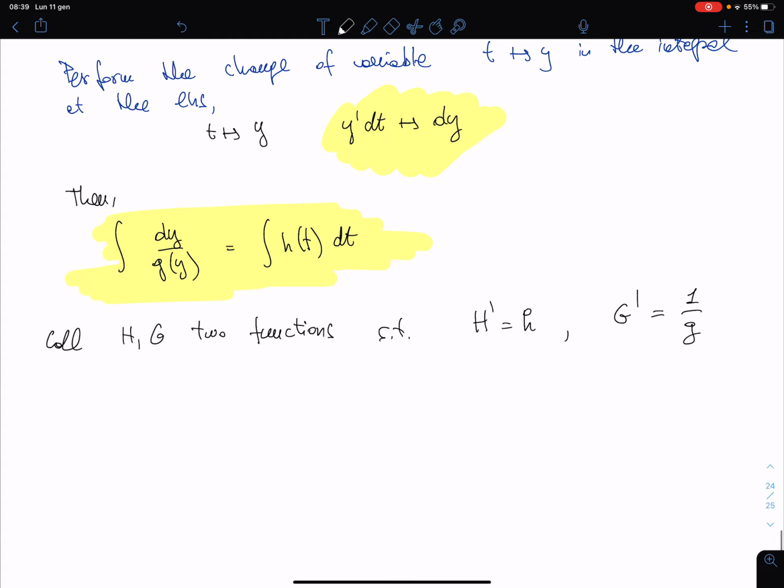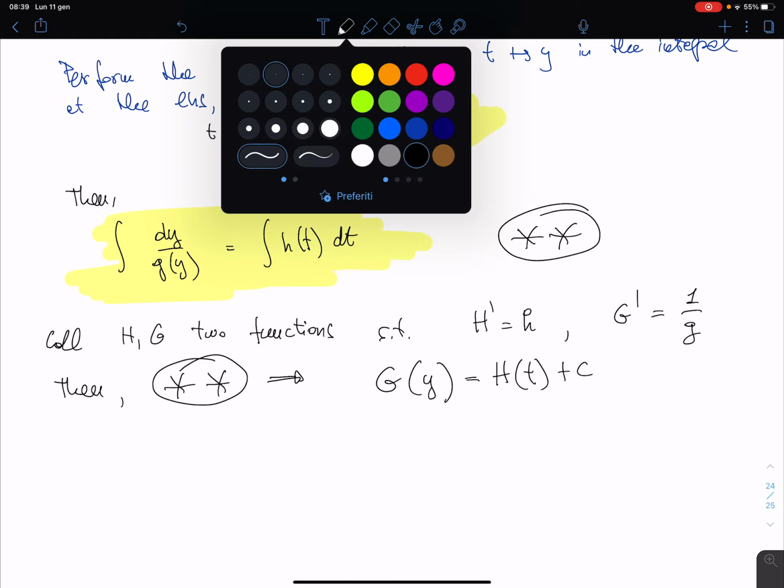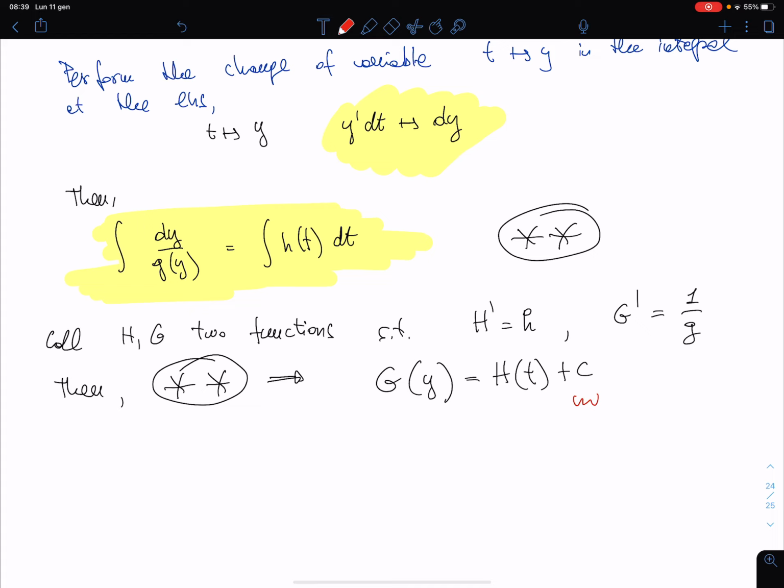And then from double asterisk we have capital G of y is equal to capital H of t plus c, where c is a constant of integration.